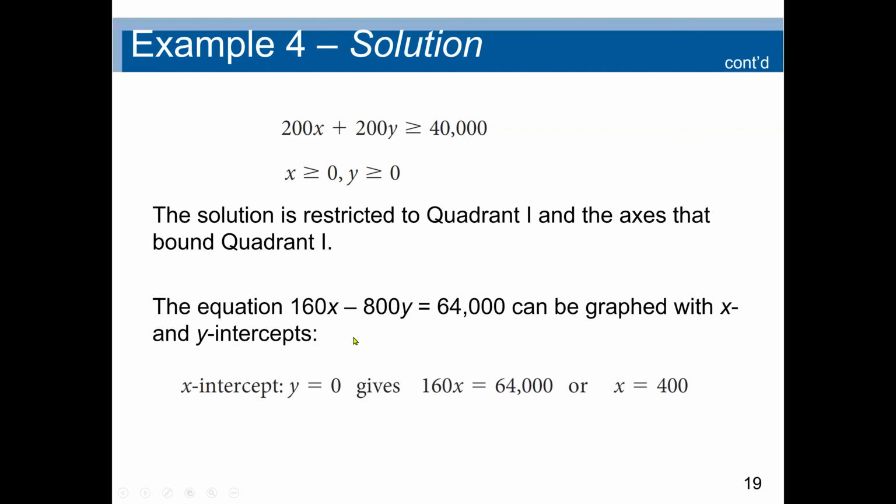So this is our equation. Second, 160x plus 800y equals 64,000. This can be graphed with the x and y intercepts. First, the x-intercept is when y is 0, and the answer we get is x equals 400. The y-intercept means when x is 0.